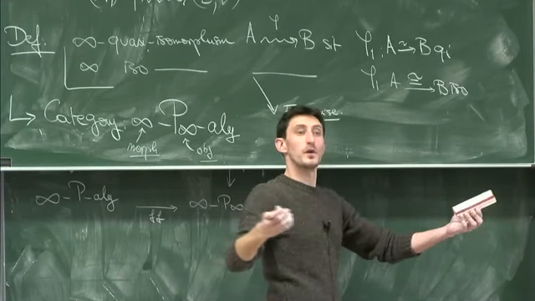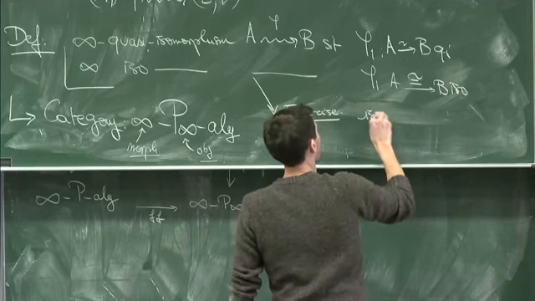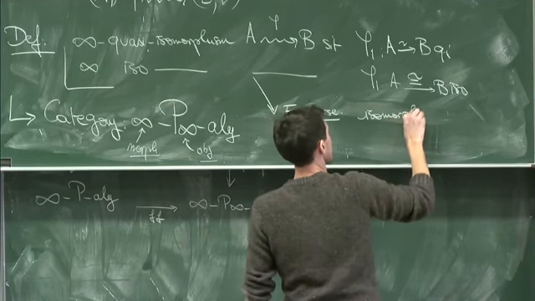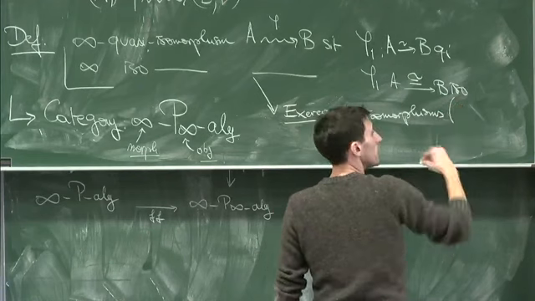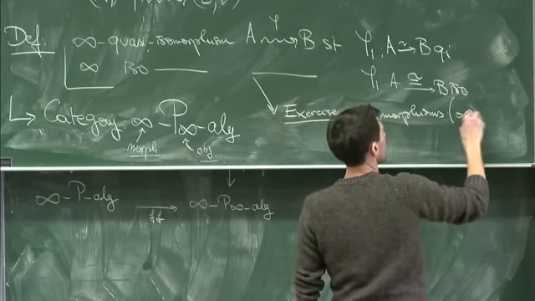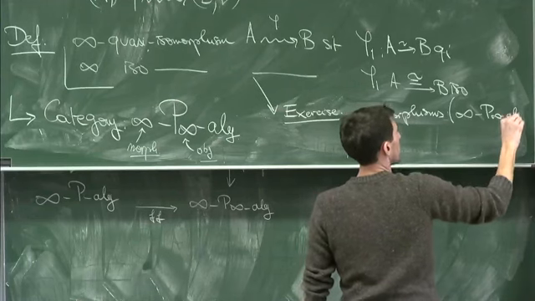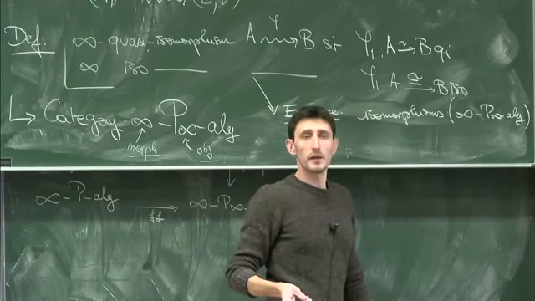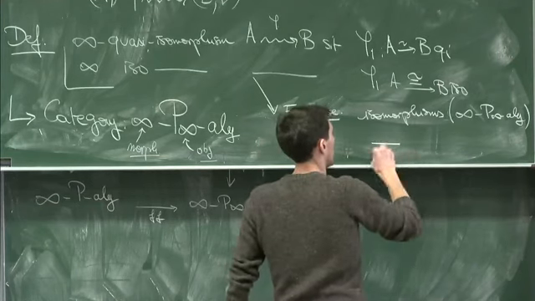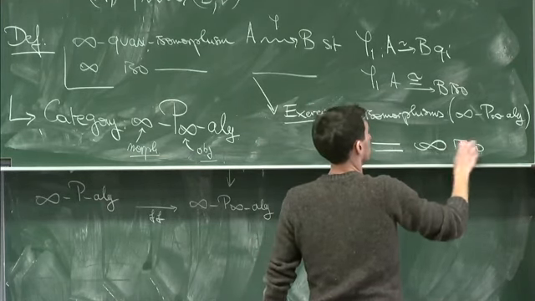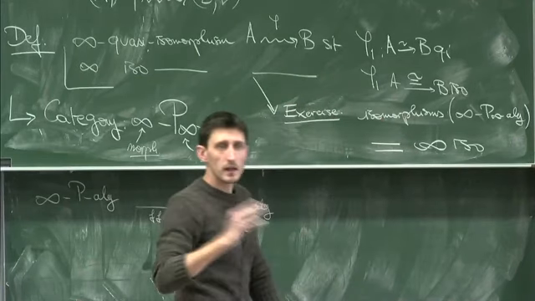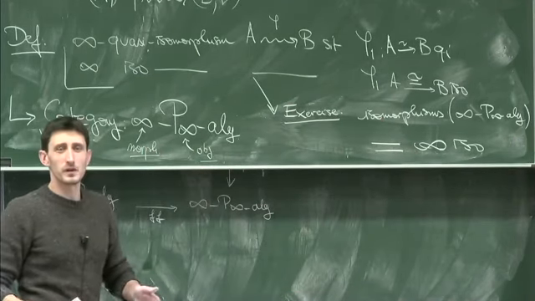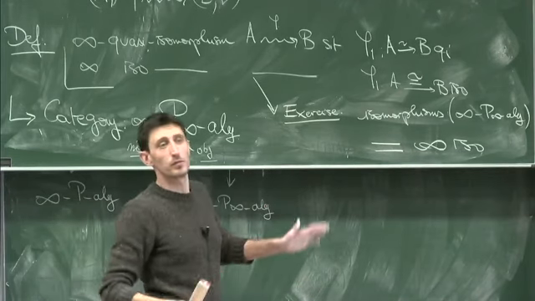Let's ask the following question. What are the isomorphisms, the invertible maps, in the category of P infinity algebras with infinity morphisms? Please describe that. They are these ones. If you can invert the first coefficient of your Taylor series, then all the others become invertible. That's the proof.